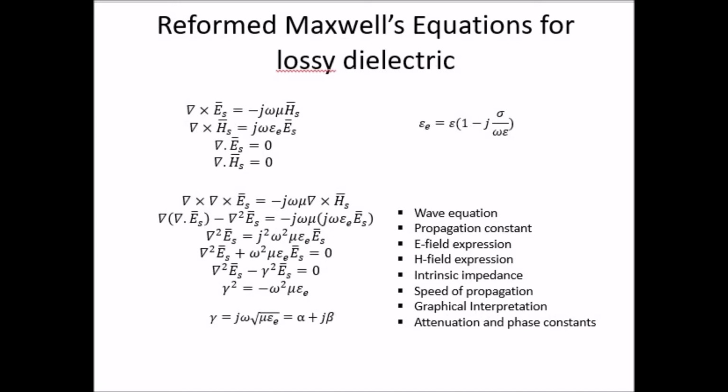So we might obtain a mathematical expression as well as a graphical representation for the wave in lossy dielectric, and also we'll discuss the propagation constant that has two parts, attenuation constant and phase constant. Alpha is the attenuation constant and beta is the phase constant.